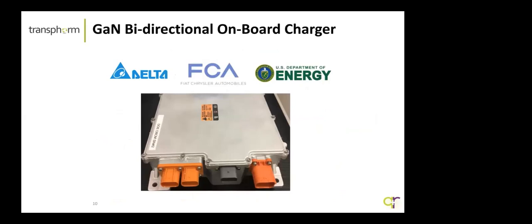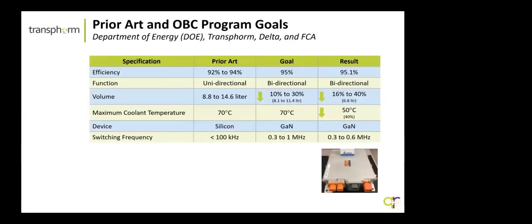So we have done a project with Delta, Fiat Chrysler, as well as the Department of Energy on a 6.6 kilowatt onboard charger. If we look at the prior art of an onboard charger, you're looking at an efficiency somewhere in the order of 92 to 94%.